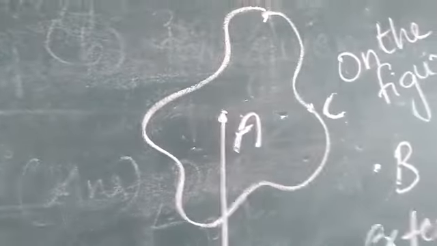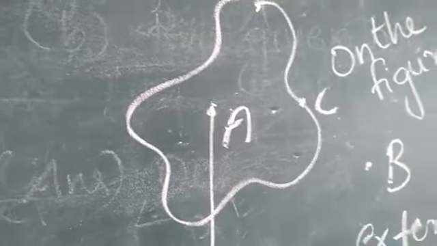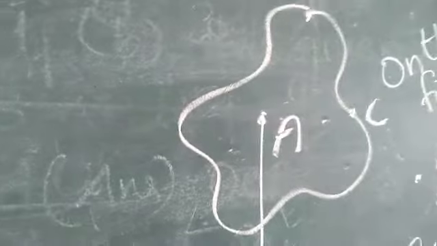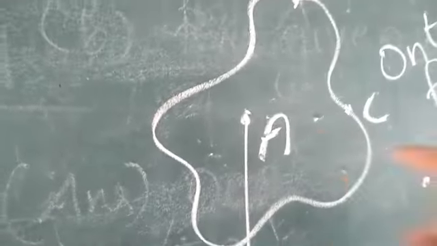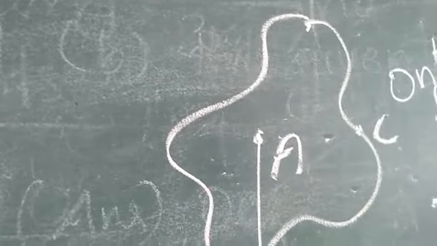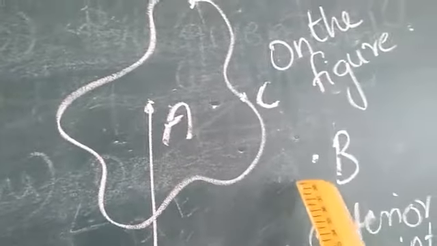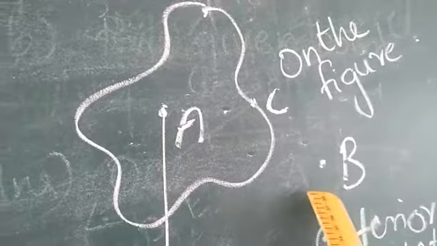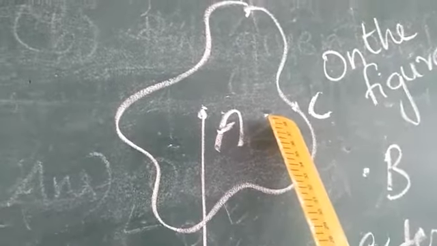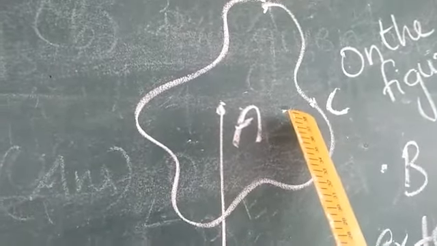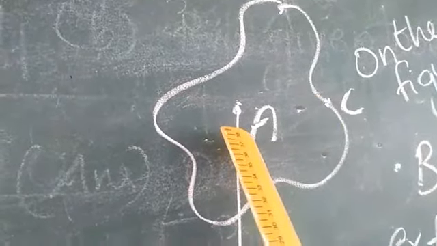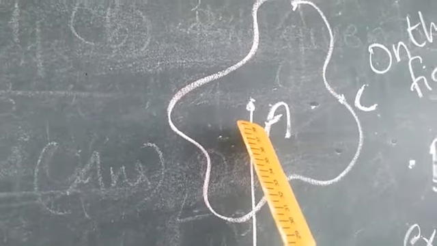If we draw a figure here, and I marked one point inside the figure, A is inside the figure, this point B is outside the figure and C is on the figure. So we can term this A as an interior point.